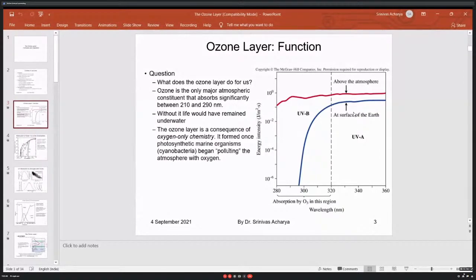After this UVB spectrum, you have the lower energy, higher wavelength UVA spectrum, and again shorter wavelengths, less than 280 nanometers, are considered as UVC, or strong energetic ultraviolet radiations.